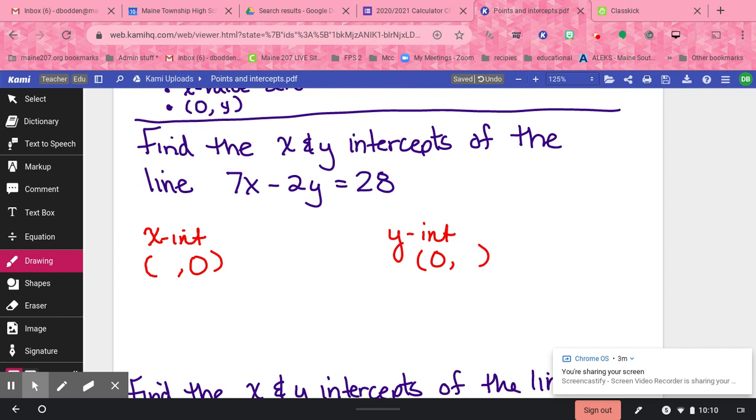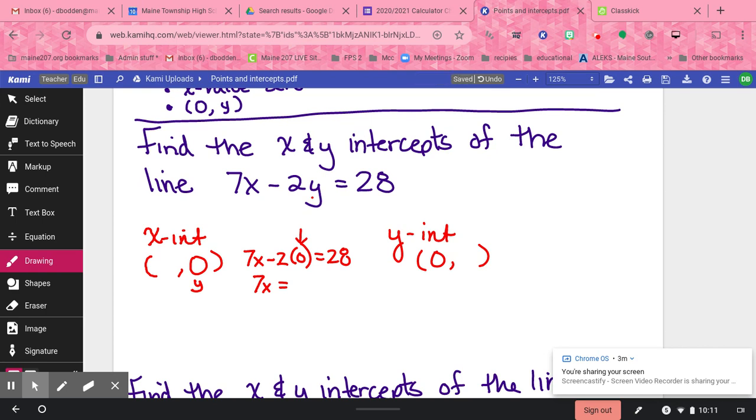All right, to find my x-intercept, if my y value has to be 0, I'm going to come up to my equation and substitute 0 in for the y value. And then I just have to solve for x. So 7x equals 2 times 0 is 0.